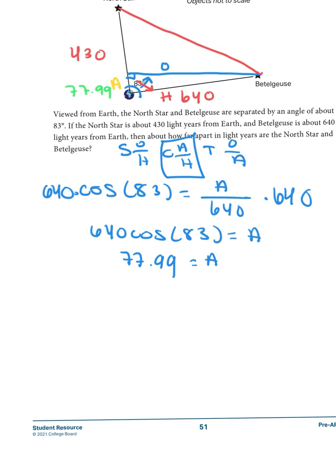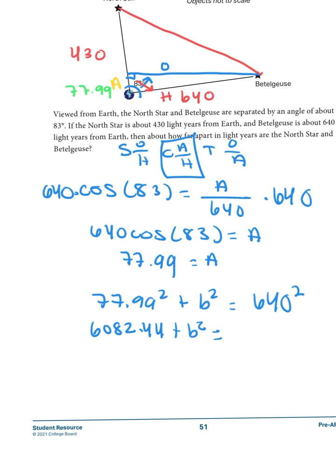77.99 squared plus b squared is equal to c squared, which in this case my c would be 640. And whenever you do that, you get 77.99 squared, that is 6082.44, plus b squared is equal to 409,600.